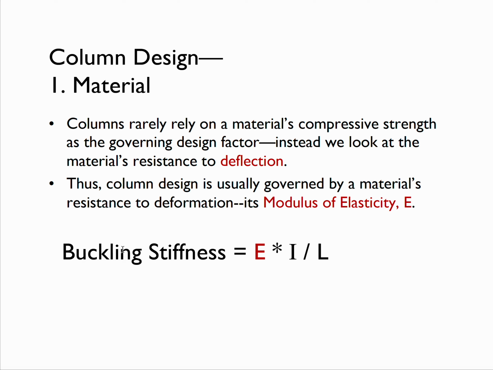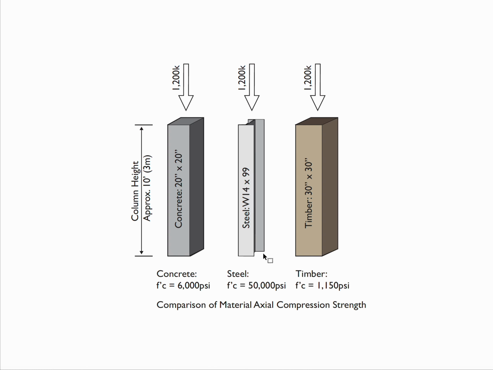Let's talk through then the material aspect of column design and how it relates to this particular formula. Columns rarely rely on material's compressive strength alone. We look, in fact, at its resistance to deflection. So its modulus of elasticity, in other words, its stiffness, is what we're concerned about.